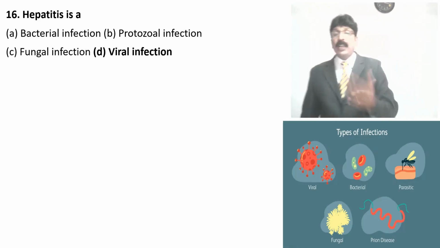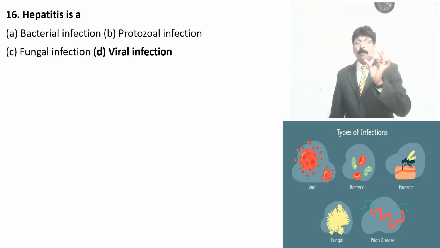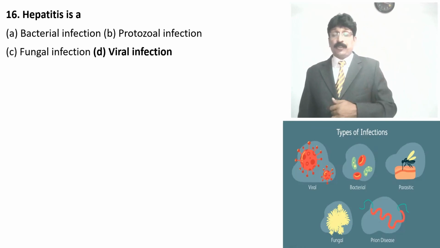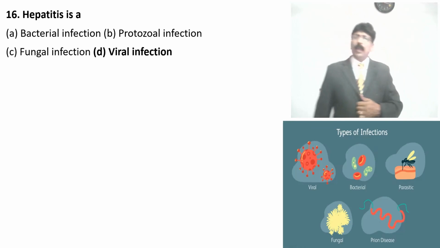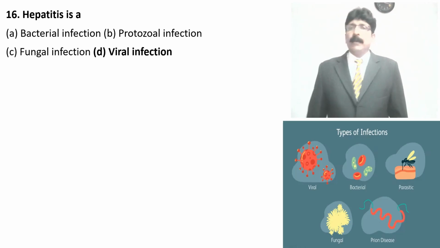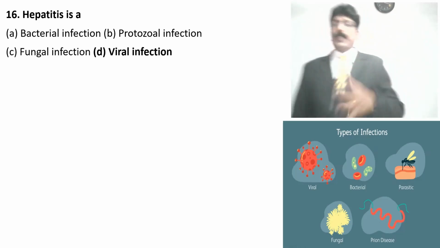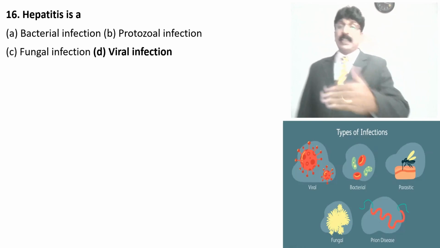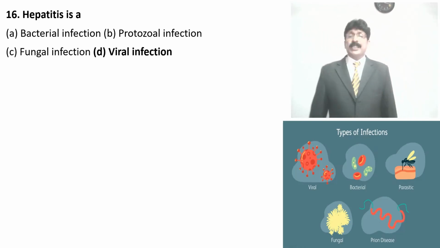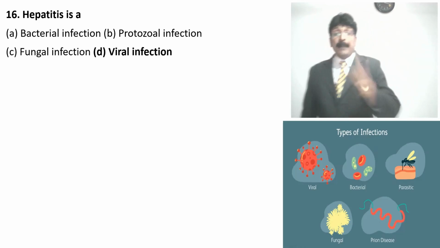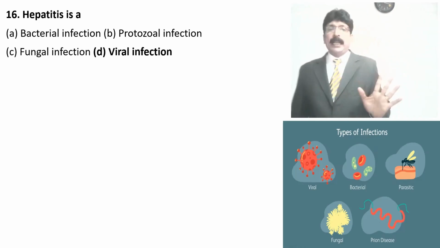Prion disease means misfolding of proteins in the brain can happen, and this can create a pathological infection due to the changes occurring in the protein molecules in the brain. So this is also one type of disease. There are different types of infections. So hepatitis is a viral infection.